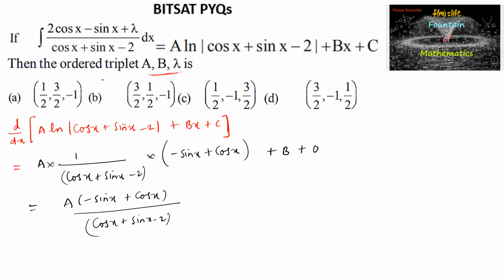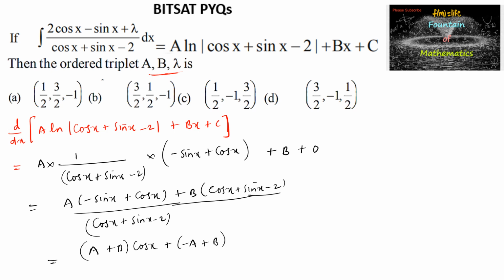minus 2, and here we can write b times (cos x plus sin x minus 2). So we can take the coefficient of cos x as (a plus b) of cos x, and the coefficient of sin x as (minus a plus b) of sin x, and the constant remains minus 2b, divided by (cos x plus sin x minus 2).